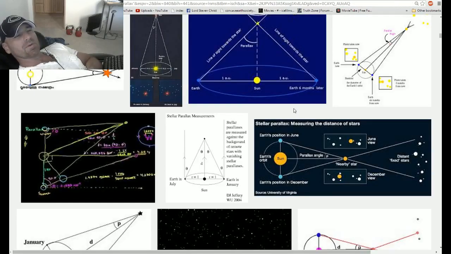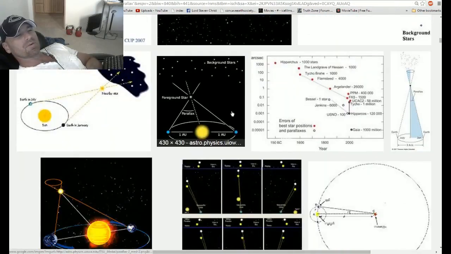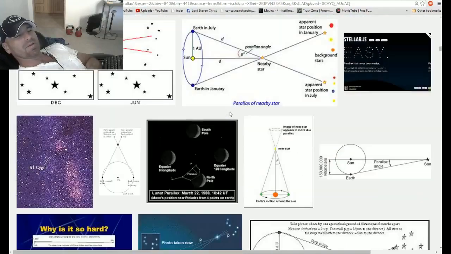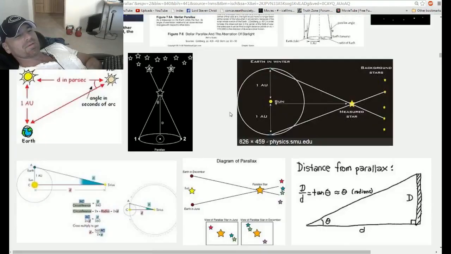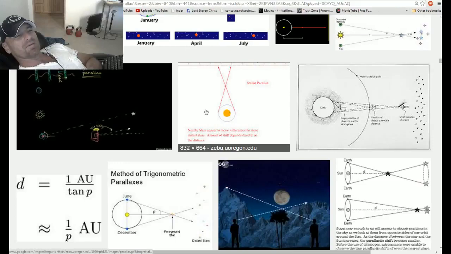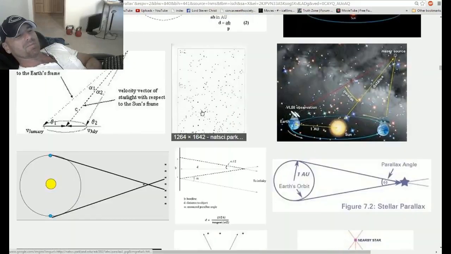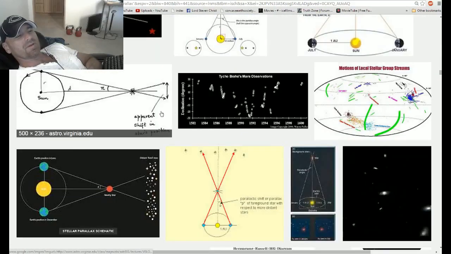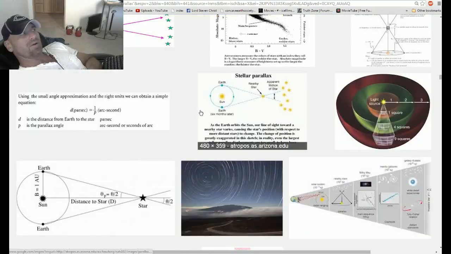Imagine all this bullshit, all this crap that people believe. Look at all the time and the hours spent on investigating this. It's just theory. Yeah, parallax is understandable. You hold your thumb up, you can see your thumb against the background at different placements, but that's not happening with the stars.